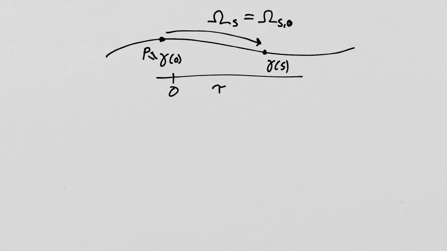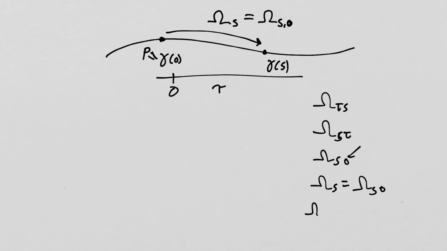So I'm basically taking my omega S to T, and first of all, I'm changing it up. I'm calling it T to S, and then I'm fixing T to be 0, and since it's always going to be 0, I'm just going to write it like that, right? So this is always going to be interpreted as from 0 to S.